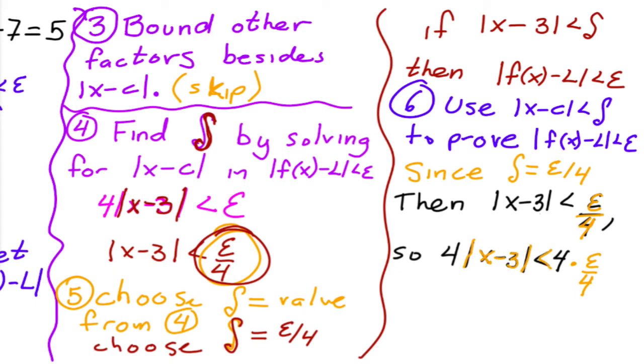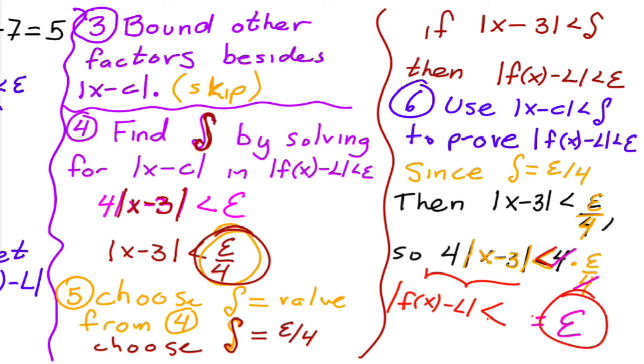Because |x − 3| is less than epsilon over 4, then 4 times |x − 3| is less than 4 times epsilon over 4, right? Well, what's this equal to? This is equal to epsilon. So what you've shown is that |f(x) − L|, which is this guy, is less than epsilon. When you say equal to, you're talking only about the one right before it, but it's still this guy right here that is less than epsilon. So then you've proved it.